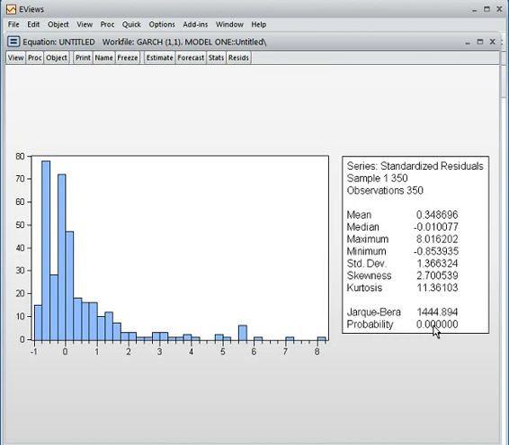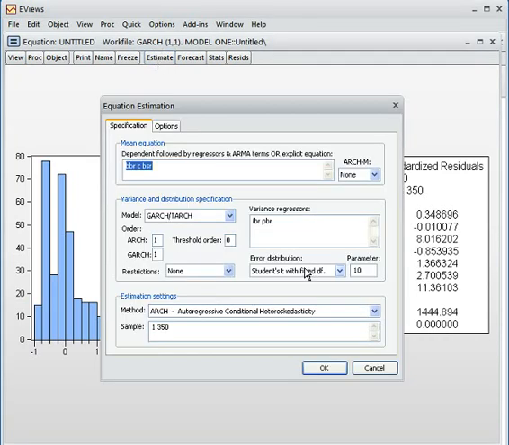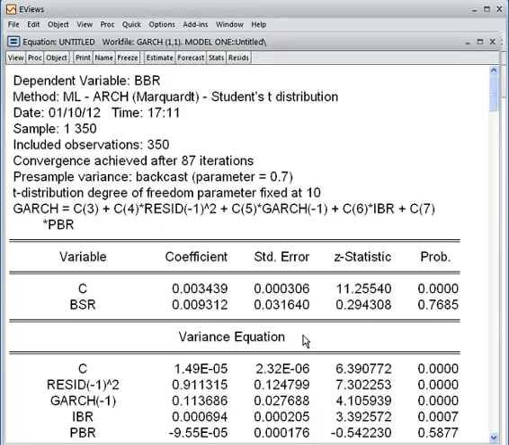What about our third model, having GED? So we go to Estimate. Okay, this one we have done right now. The third one is the GED with the fixed parameter. We check this one. Okay, we run this model.